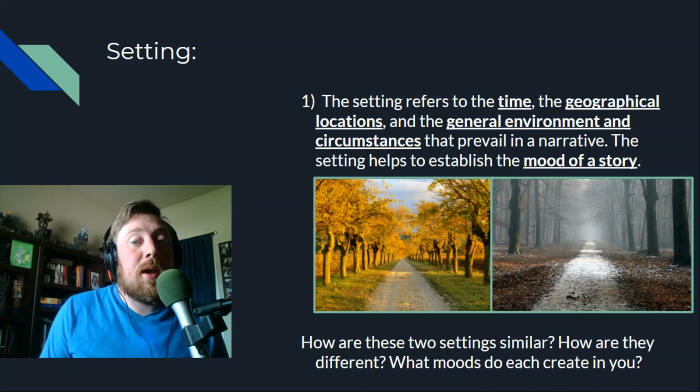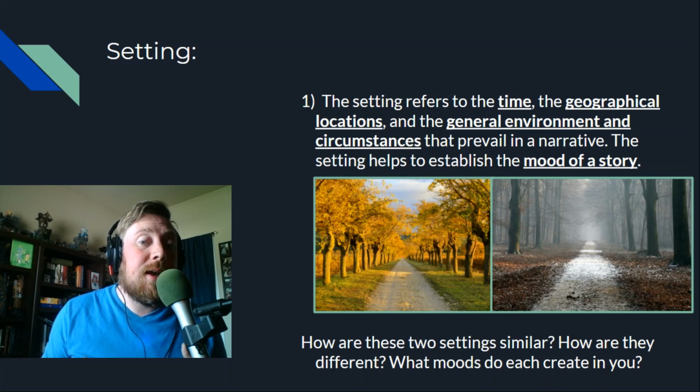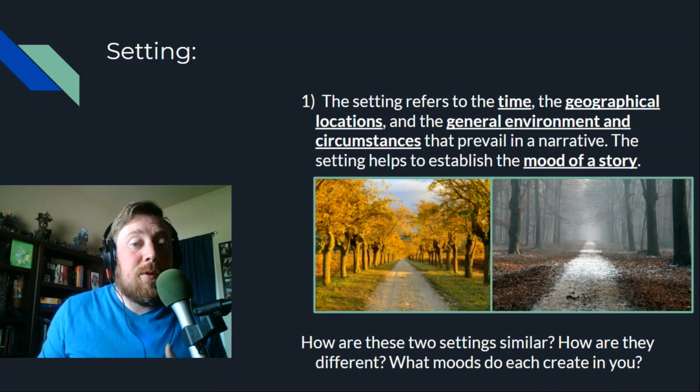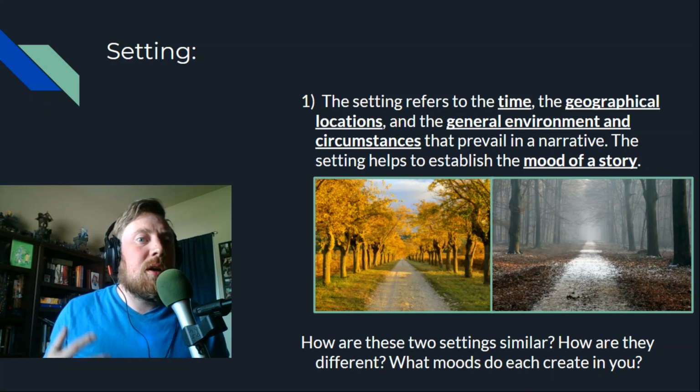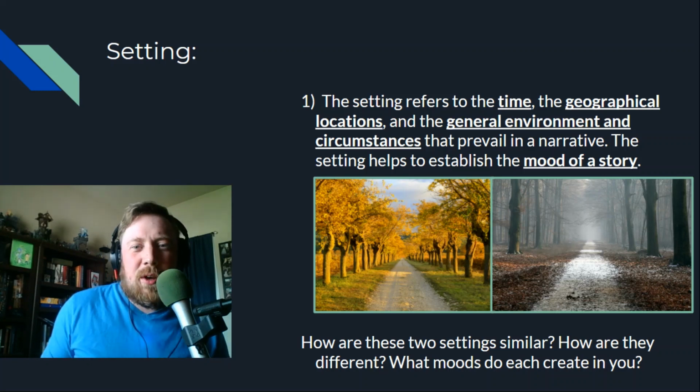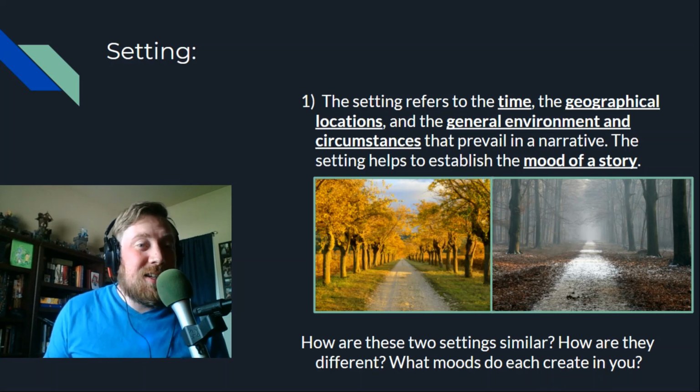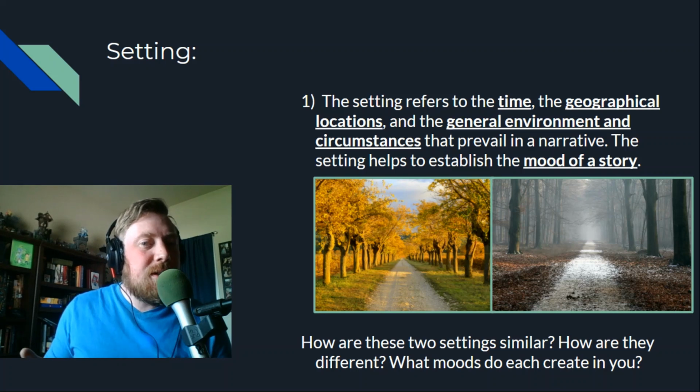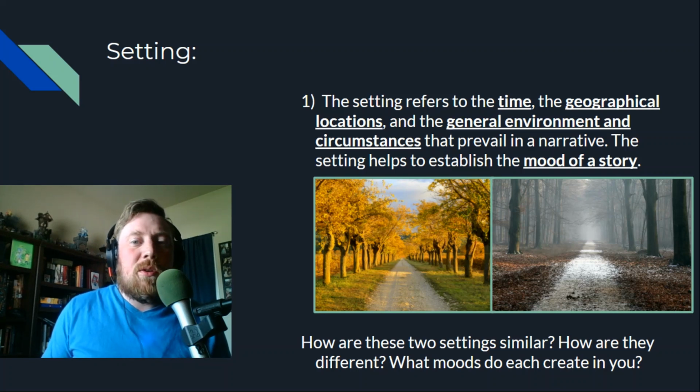But you could also have a general environment and circumstances that are as complex as a dystopian novel like Mockingjay or The Hunger Games, right? Because that setting is technically based on America, but Panem is completely different from America, right? And so you could have a variation on that.